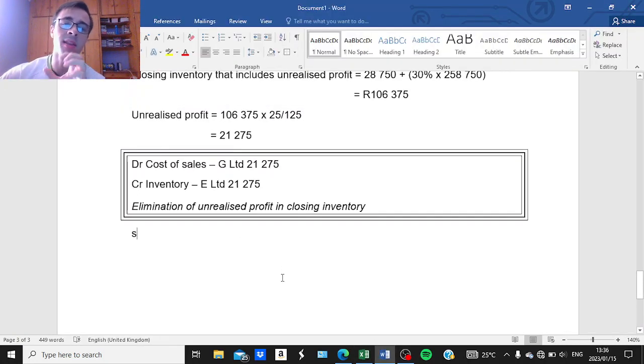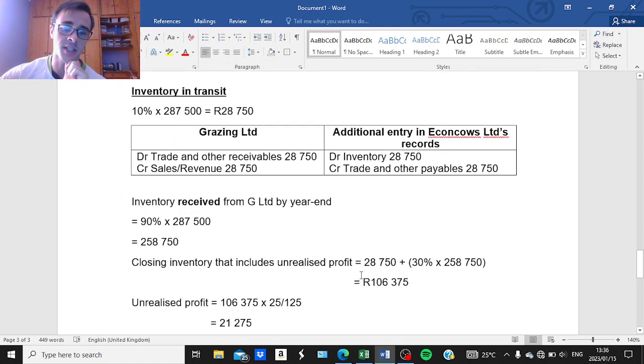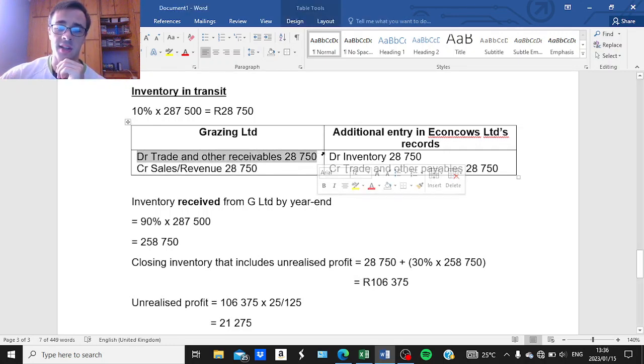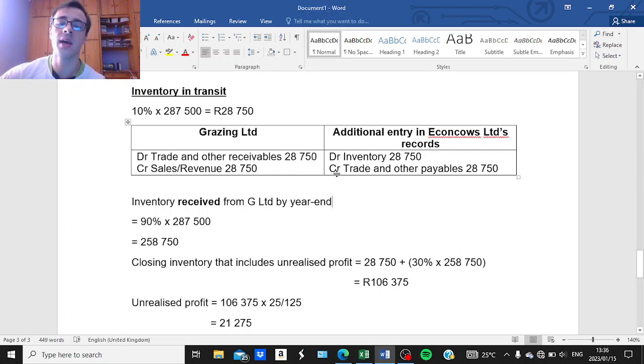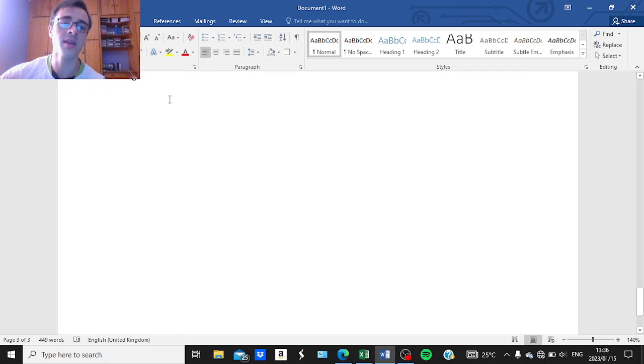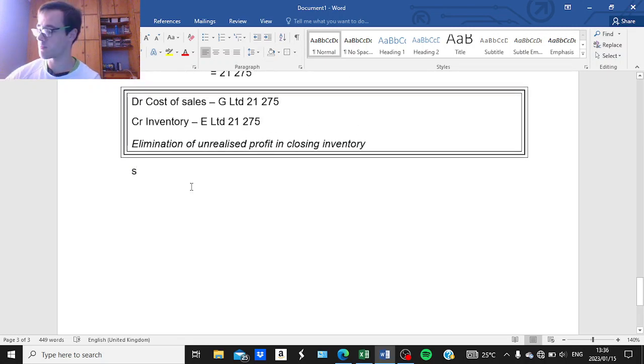However, we are not completely done with all the necessary adjustments. Apart from eliminating the unrealized profit, we also need to eliminate common items, and that will be these two items right here: the trade and other receivables in the parent's records, which includes 28,750 in terms of the inventory in transit, and the trade and other payables amount in Econ Cows Limited's records. These are common items that we need to eliminate against each other for consolidation purposes.